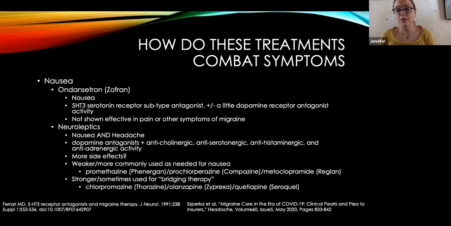Right now, with all the COVID stuff going on, we're trying to scratch our heads and look back in the literature and come up with at-home multi-day treatments that make sense to try to keep kids out of the ED right now, because they don't want to have them up there with all the germy folks. So a recently published paper was listing some of these classic oral at-home treatments for status migrainosus and listed those.